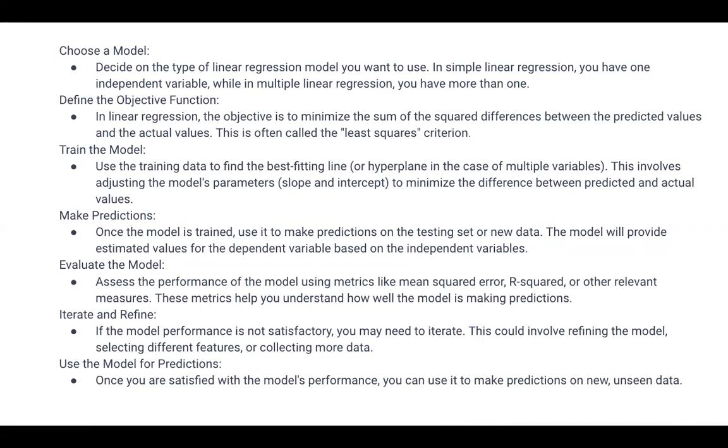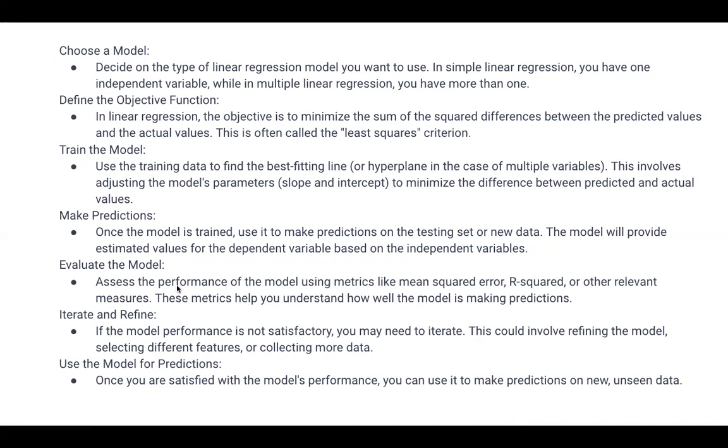So let's say in the 6th year, you spent 100,000 on advertisement and your sales were 150,000. You put this 100,000 into your model and see what it predicts. Let's say the model predicted 130,000, but actually your sales were 150,000. So that difference, 20,000, is the error. Okay.